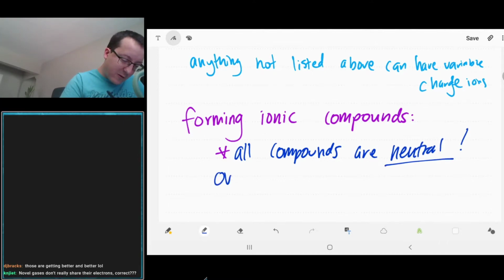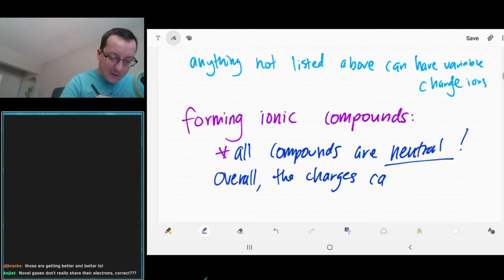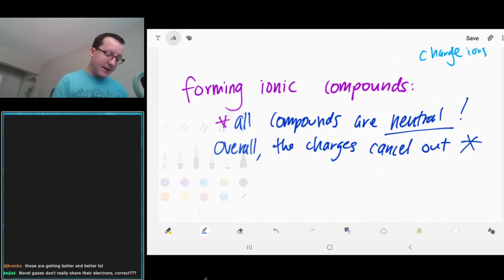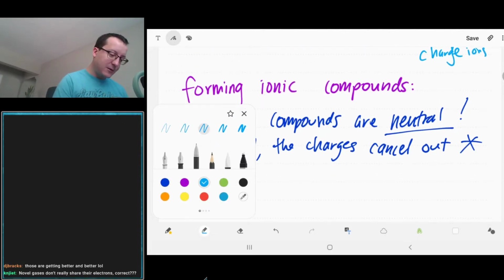That means overall, the charges cancel out. So all compounds are going to be neutral because their charges will cancel out.